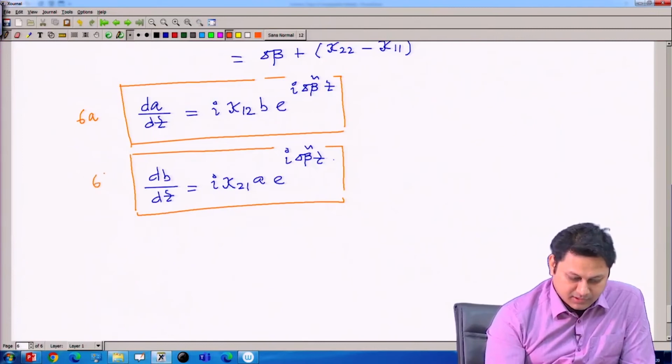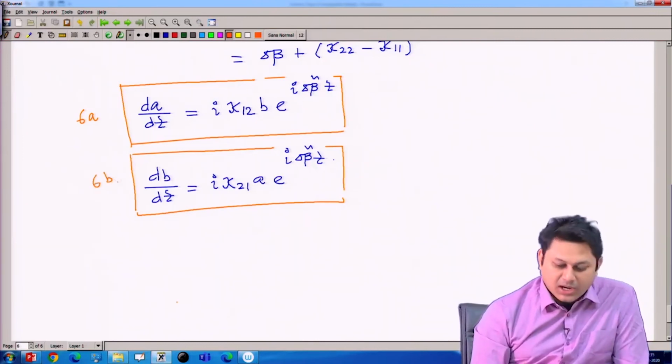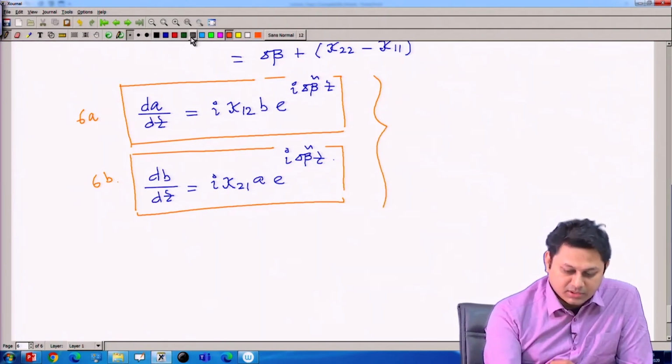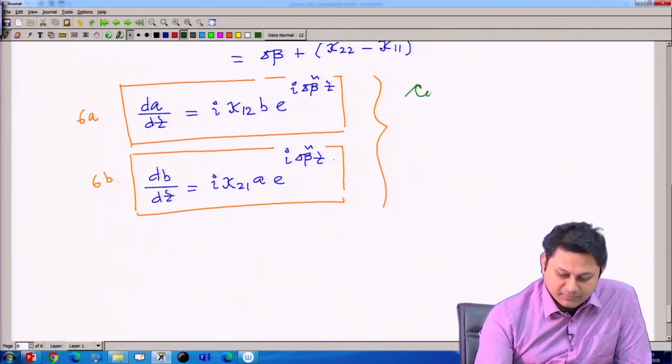So, this is equation 6b. These two are coupled differential equations and we are almost there.